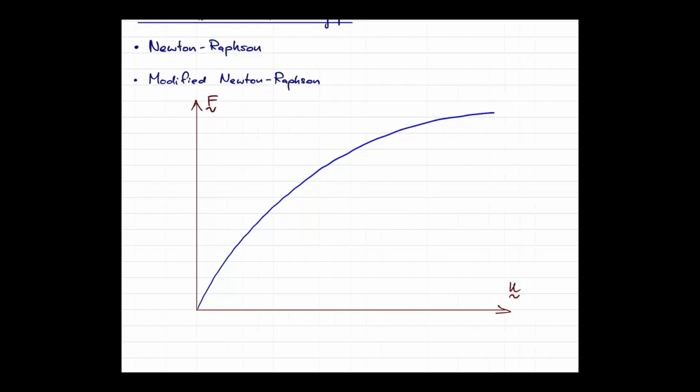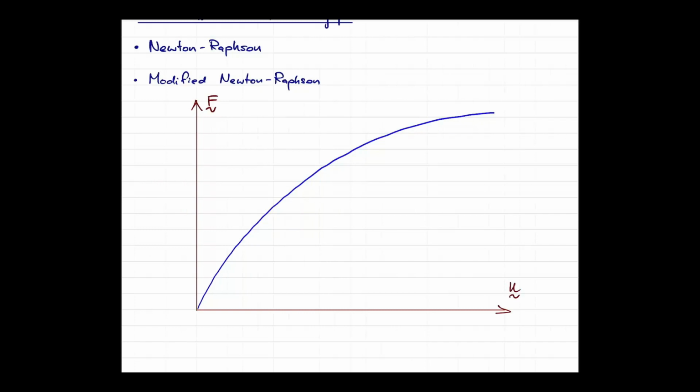At least you have the initial tangent stiffness of the structure. At least you know that the resistance force, the internal force, has to be equal to 0, as you have not applied any displacement. So that is a good starting point. And then we project from this point to the solution point.